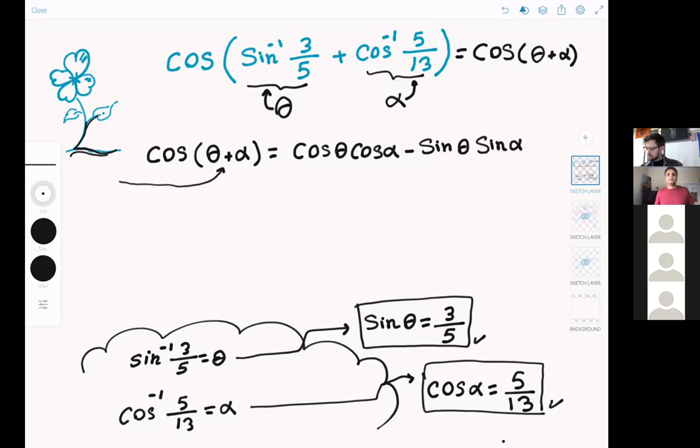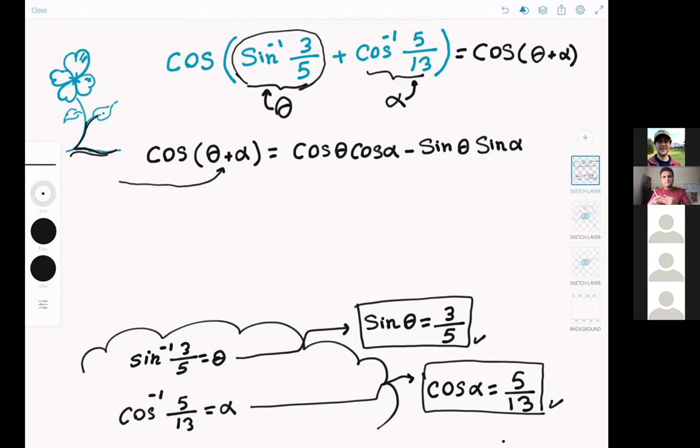I have a question. Yes, sir, Joshua. So we're just going to ignore the sine inverse and cosine inverse? We don't use the calculator. They said find the exact. If you use sine inverse of 3/5 in your calculator, it gives you an angle, and cosine inverse of 5/13 gives you another angle.